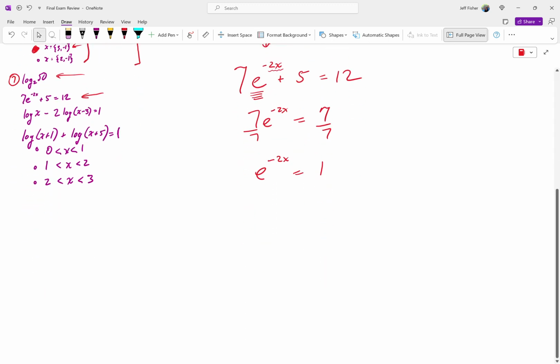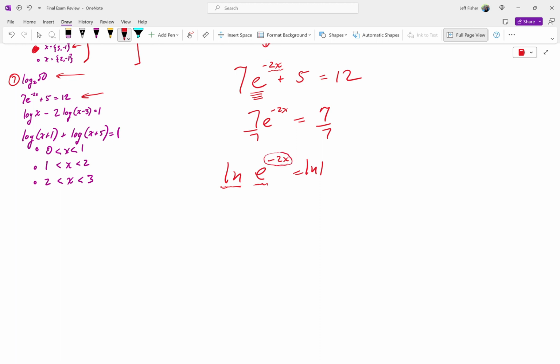Okay, well now what does that mean? Well, if we take the ln, the natural log of both sides, then we have an interesting thing going on where we have one function composed with its inverse function, right? The exponential function and the natural logarithm are inverse functions, which means they return x when you compose them.